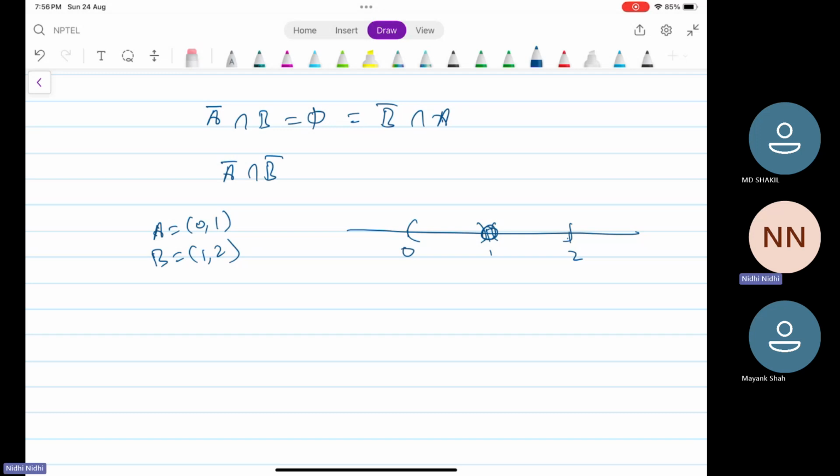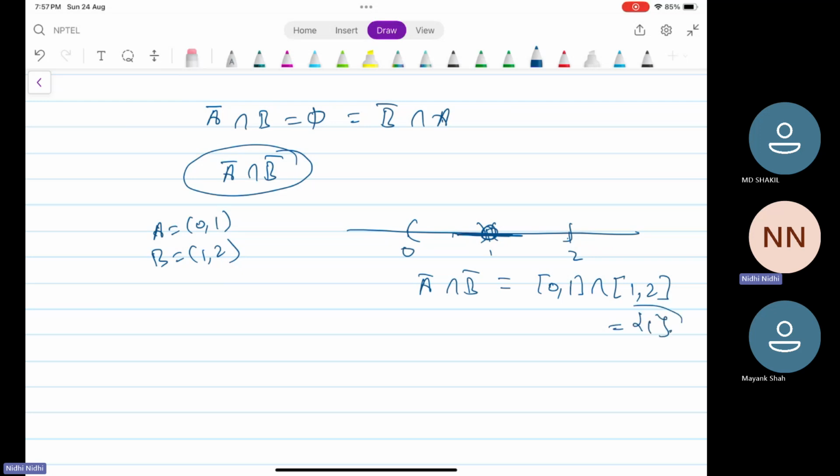So basically, we cannot draw a direct path from A to B. But if we take this definition, in this case A closure intersection B closure would be the closed interval [0,1] intersection the closed interval [1,2], which is {1}. So in this case, we will not get this to be empty. So in this case, we are eventually adding some extra terms, which may be affecting the disconnectedness. That's why we take this definition.